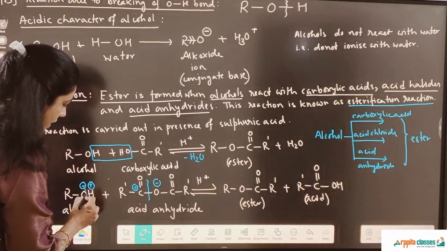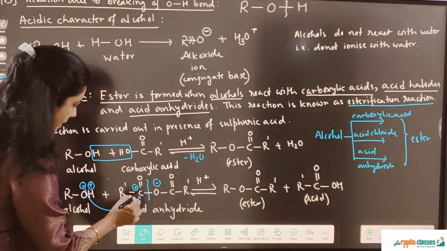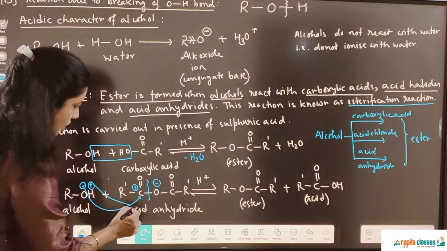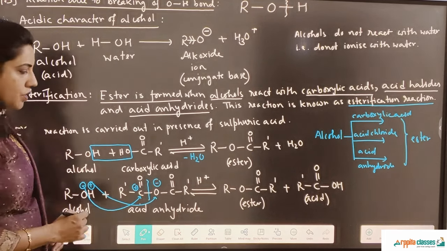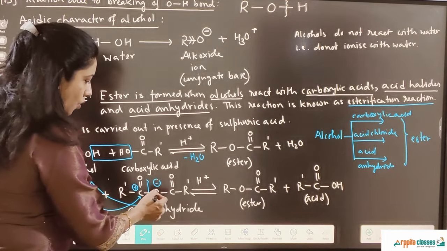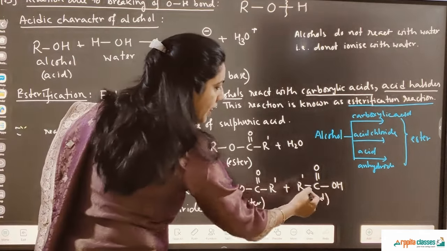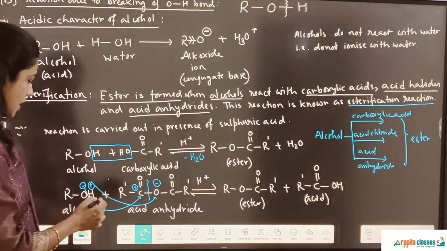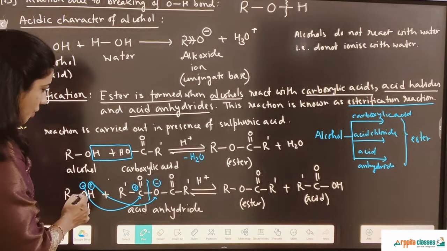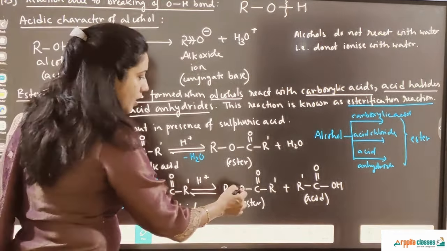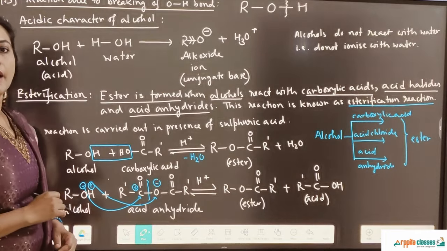So this negative charge you attach with the carbon and this positive charge you attach with the oxygen. So you get R-COOH, which is your byproduct. Another product is R-COOR', which is your ester.